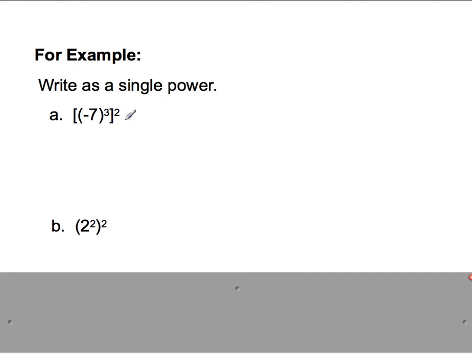So let's take a look at this. I have a base of -7, which is to an exponent. That's my first power. And then this power is the base to another exponent. So it's a power within a power, or double power. So all I do is I multiply the exponents.